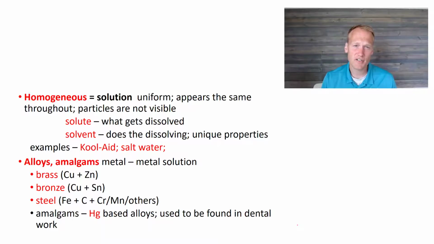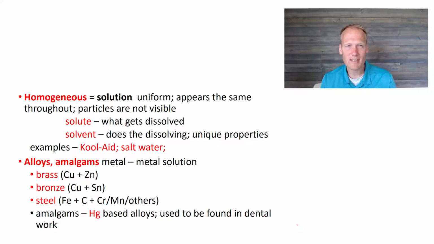Other types of homogeneous solutions would be alloys and amalgams. An alloy is when we take different types of metals because of their different properties and we heat them up, melt them down, and then the metals evenly distribute in solution, and then we re-solidify them and you get an alloy. So stainless steel, brass, bronze, those metals that you think of that aren't on the periodic table because they're combinations of elements on the periodic table, those would be examples of alloys.